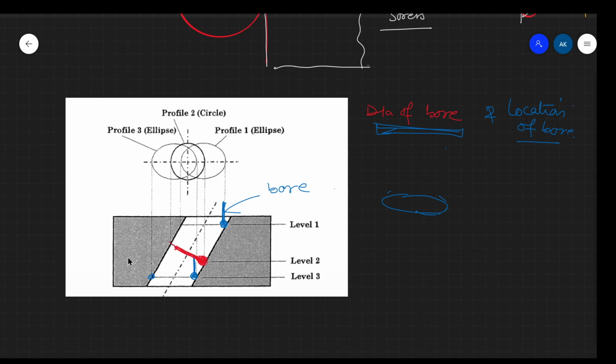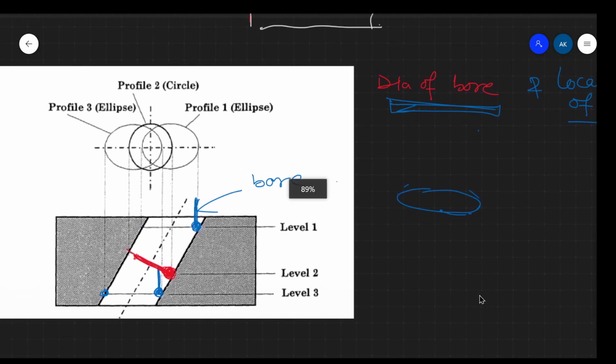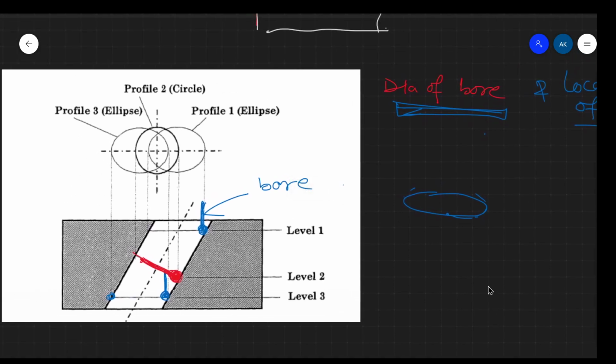Fine. So first thing is that we have to be very careful about how much is the contact and at which point the contact is happening. Fine. So dia of bore is obtained by correct combination of one cylinder, the type of cylinder only, right?